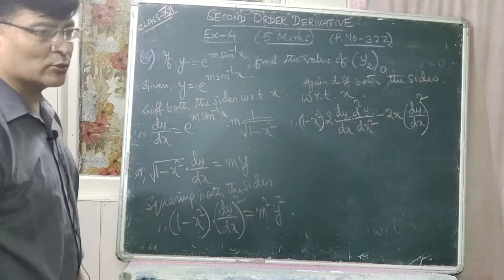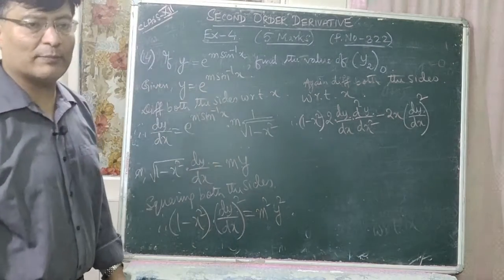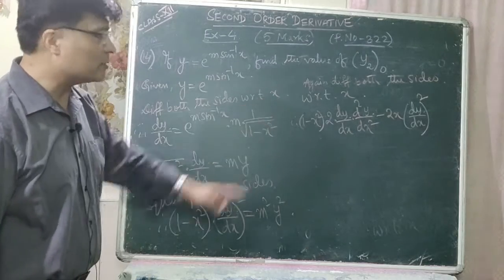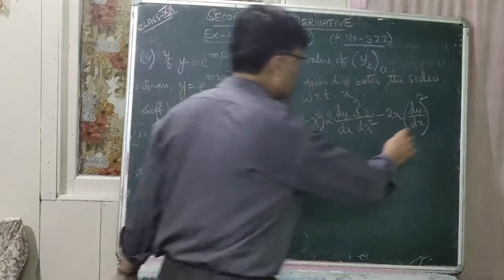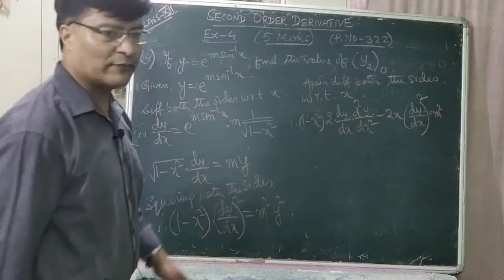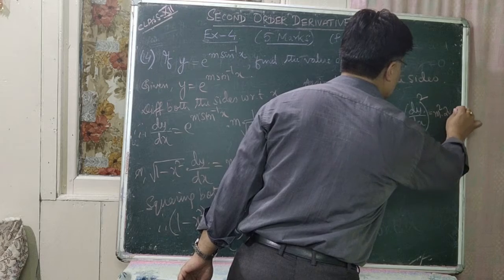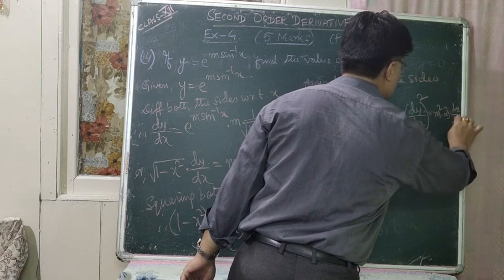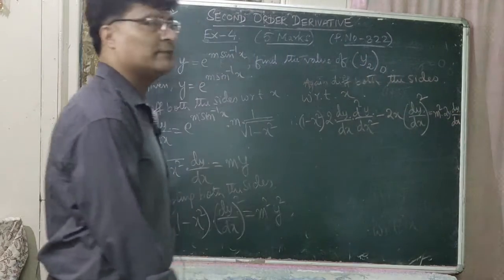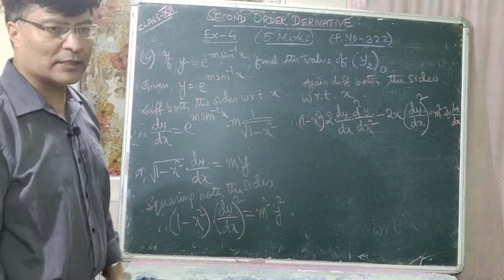So here (dy by dx) whole square is kept as it is, and we have taken the differentiation of 1 minus x square, which is minus 2x. This is equal to m square kept as it is into, now what is the differentiation of y square with respect to x? 2y into dy by dx. Is that clear to all of you? So I think you have understood it.